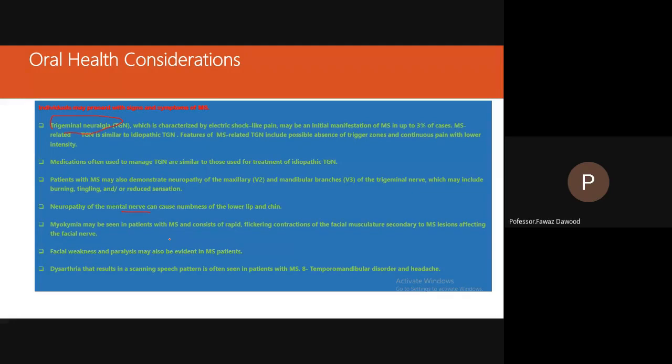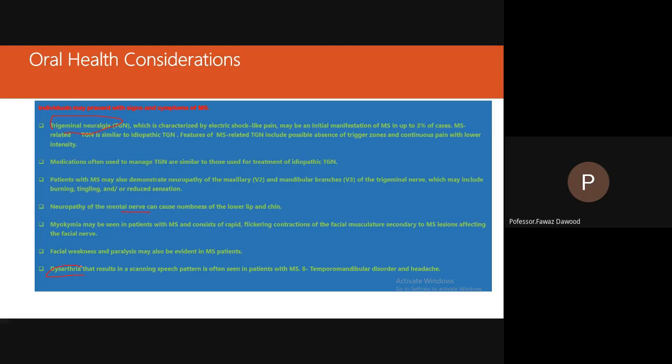If there are lesions or demyelination on the facial nerve, we could see rapid contraction of the muscles of the face, and sometimes facial weakness. The patient may also complain of dysarthria, difficulty in speech, and even the temporomandibular joint that I mentioned before may be affected by multiple sclerosis.